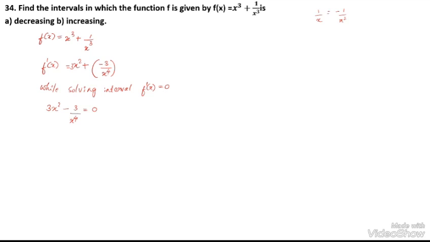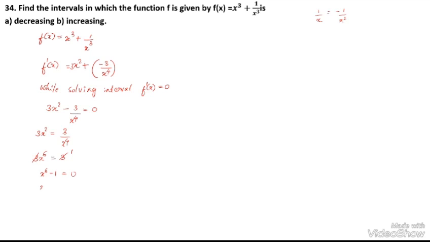Taking minus 3 by x to the power 4 to the right side, x square is equal to 3 divided by x to the power 4. Multiplying, 3 into x to the power 6 is equal to 3. The 3 gets cancelled. Taking 1 to this side, x to the power 6 minus 1 is equal to 0.